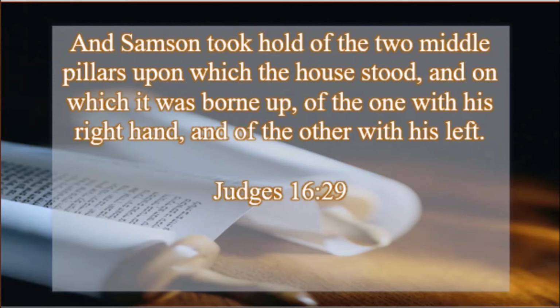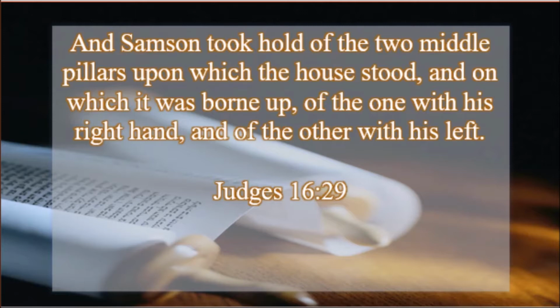Judges chapter 16, verse 29. And Samson took hold upon the two middle pillars upon which the house stood, and on which it was borne up, of the one with his right hand and the other with his left. Okay, now this right here is right before Samson died. He was blinded, and they brought him out to the temple to make sport of him.